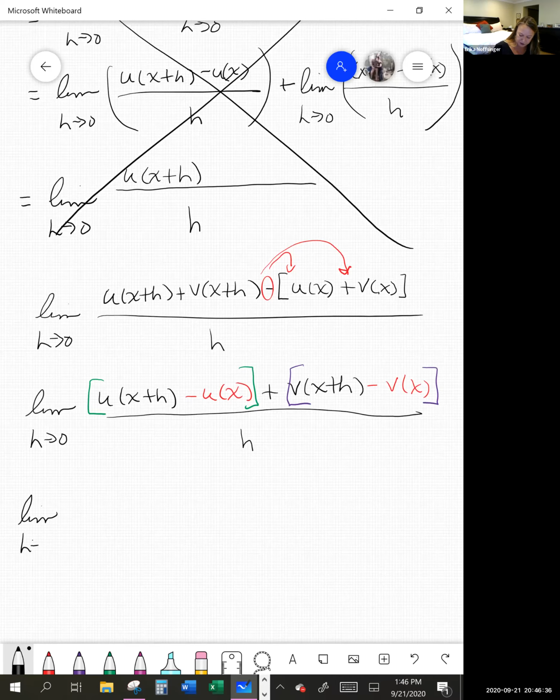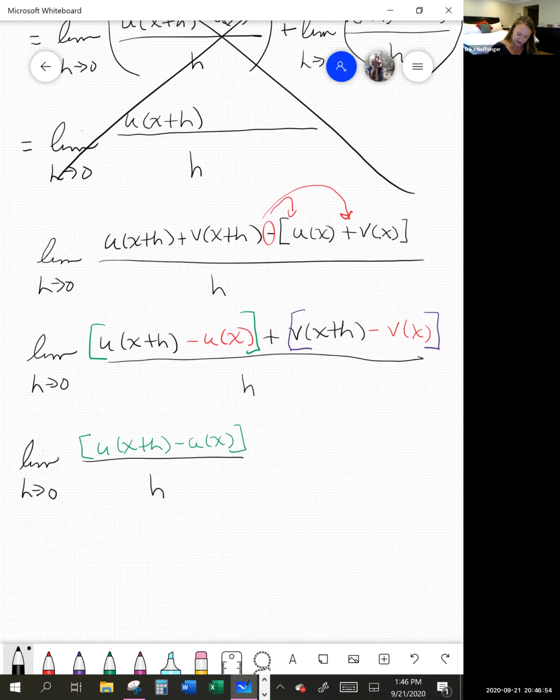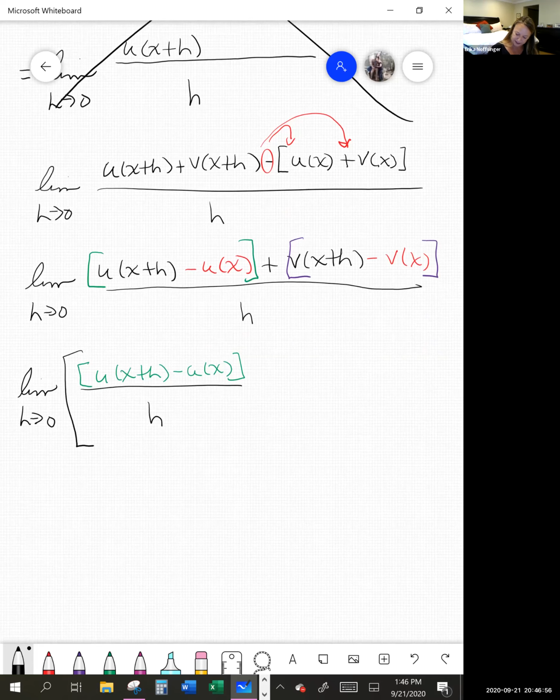So limit as h goes to 0 of u of x plus h minus u of x all over h, and then plus v of x plus h minus v of x all over h.